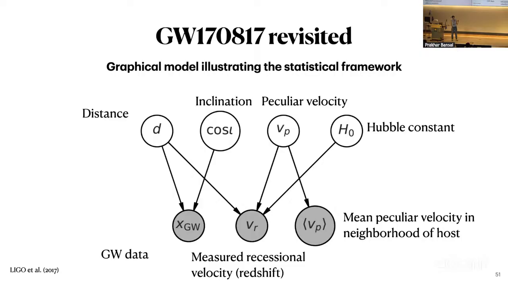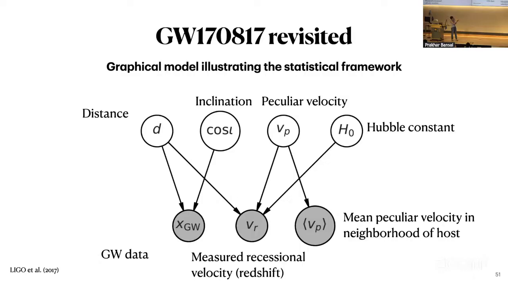It's technically the luminosity distance, but this event was so close by that it's essentially just a linear relationship, so it doesn't matter which distance you're talking about. Then the cosine of the inclination of the binary system. V_P is the true peculiar velocity of the host galaxy NGC 4993. And then H naught is the Hubble constant.